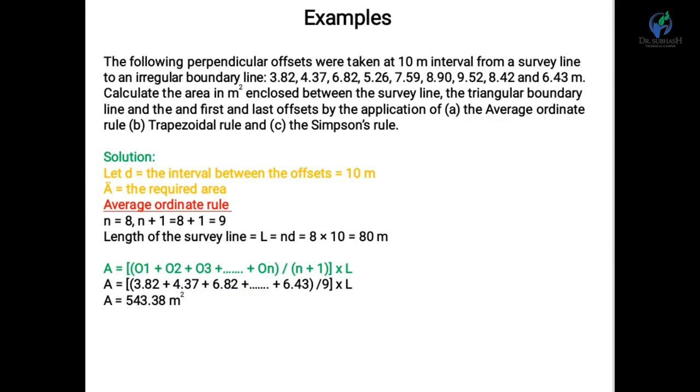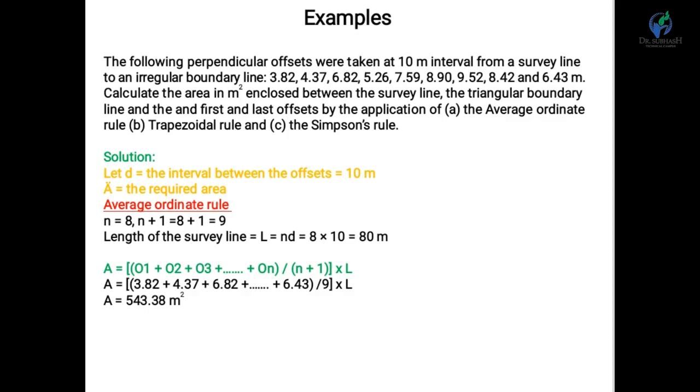The formula for area using the average ordinate rule is A equals O1 plus O2 plus O3 up to ON upon n plus 1, multiplied by L. N plus 1 is equal to the number of ordinates. Now we put our data into the formula and we can get the answer.